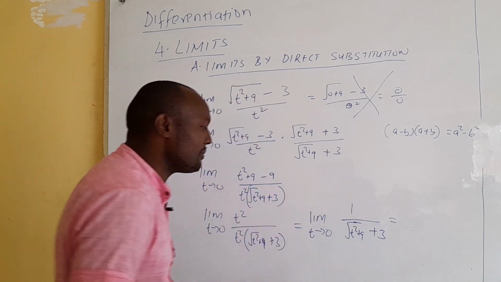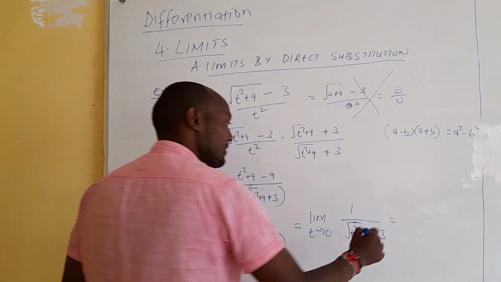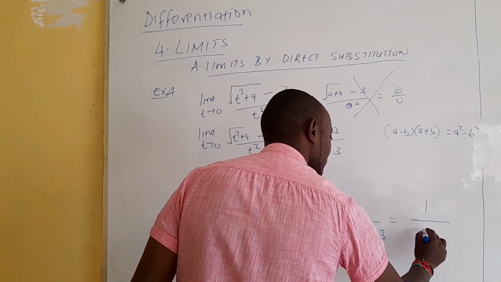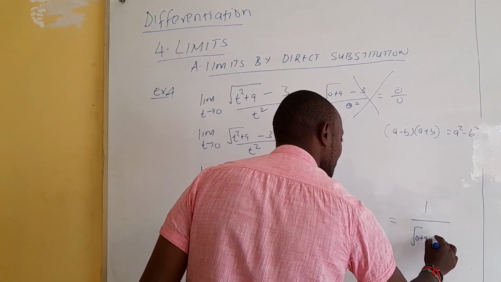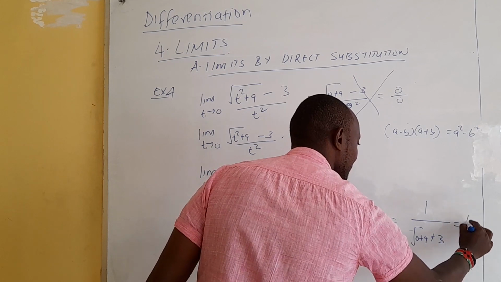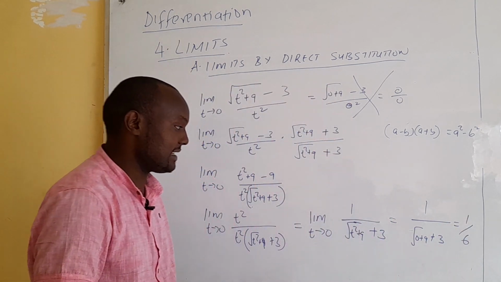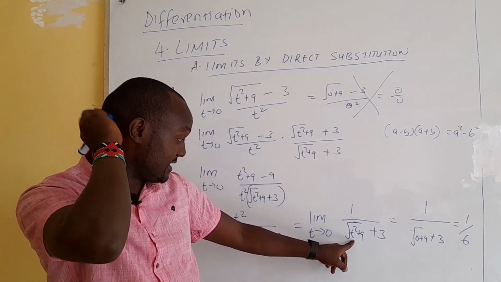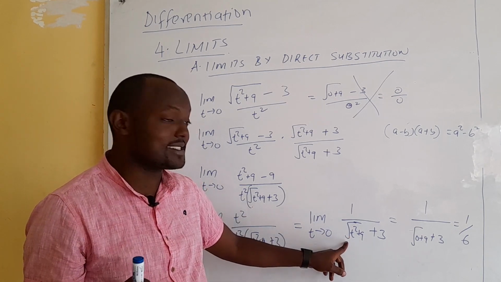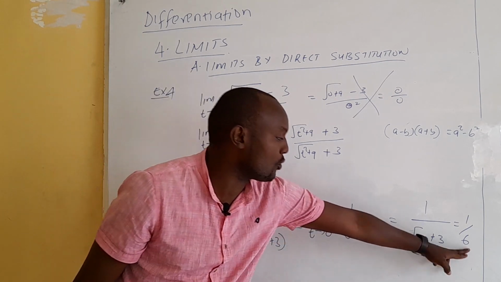Now with this one, we can replace t directly. So you have 1 over root of 0 plus 9 plus 3. So I think with that one, you can get 1 over 6, because the root of 9 is 3, and 3 plus 3 will be equal to 6.